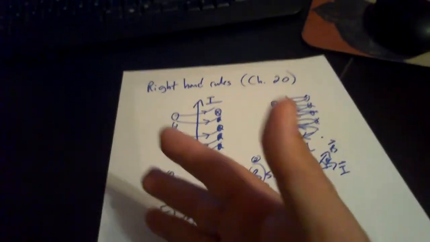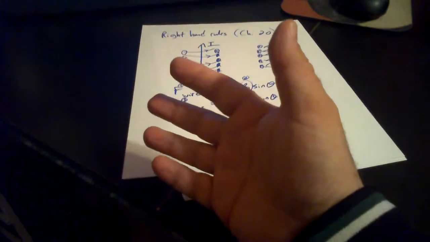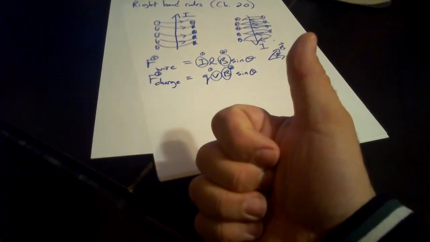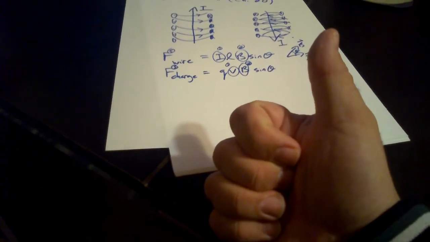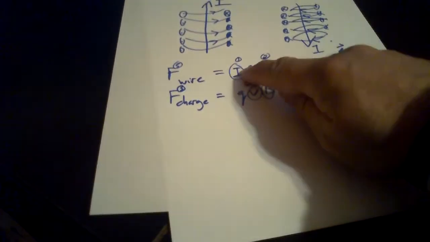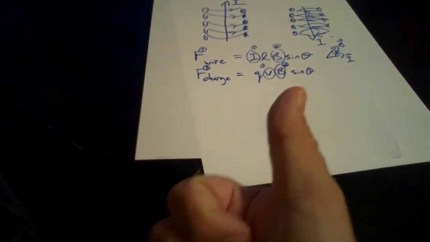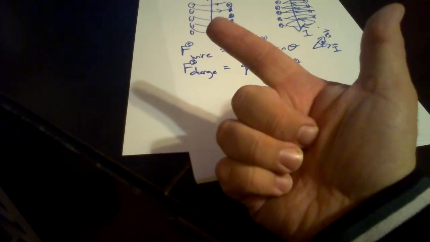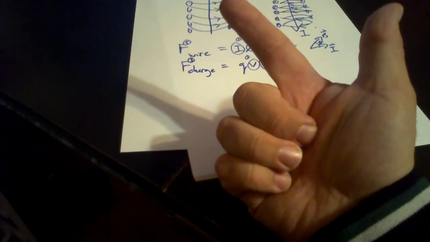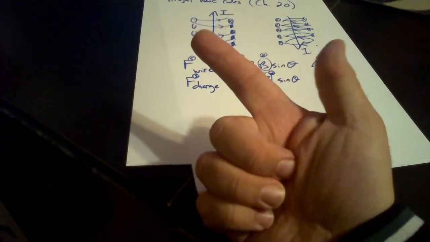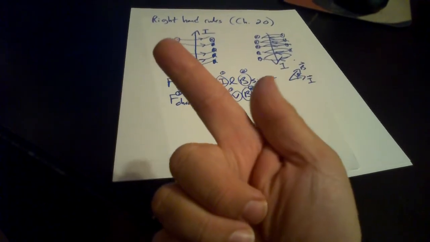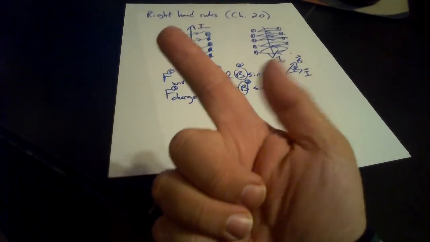So here's how the right-hand rule works. You take your hand, and you always point your thumb in the direction of the first quantity in the equation. So the first equation has the current, so you'll point your thumb in the direction of the current. Your first finger will then point in the direction of the magnetic field. Now notice that no matter what the angle is between your thumb and your first finger, they define a plane.